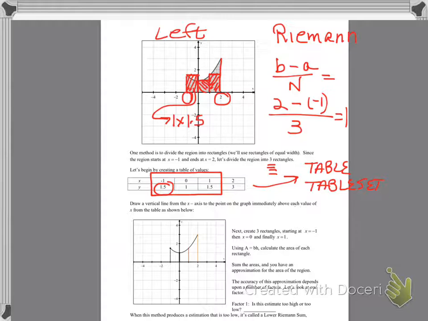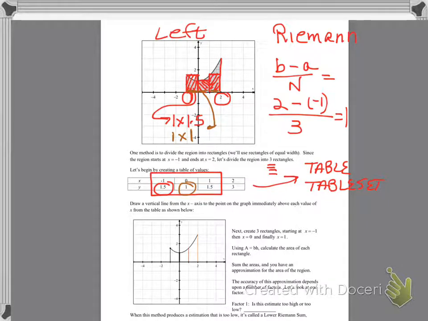Then let's change colors. To get my second rectangle, I'm going to say 1, because that's always my base. Here's my base right there, and right there, and right there, always 1. 1 times what's the height when my x value is 0. That height is 1, so 1 times 1.